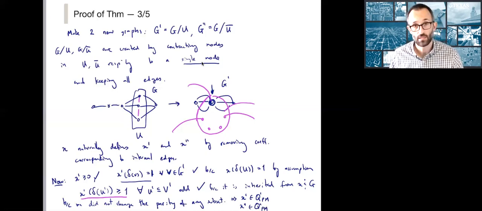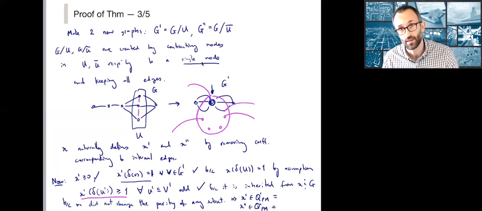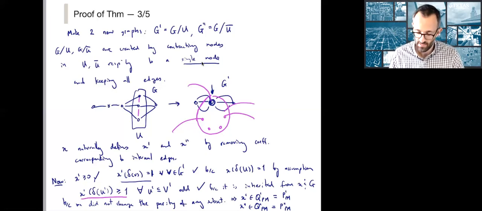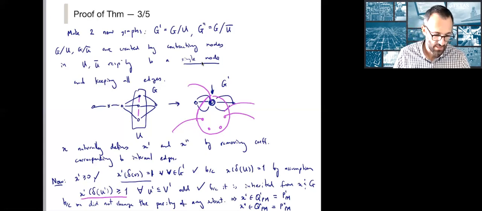But by our inductive assumption, in other words, by assumed minimality of G, G dash and G double dash are smaller, so it must be that these are perfect matchings. And now you can probably taste the end. It's close, but we still have a little bit of work to do.